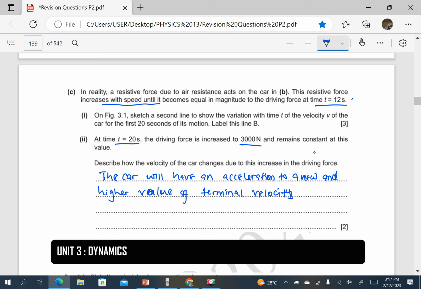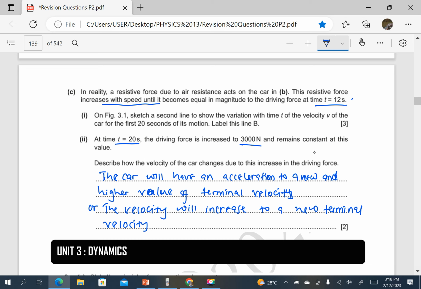Or you can simply say the velocity will increase to a new terminal velocity, because now it will require more air resistance to balance with the driving force of 3,000.